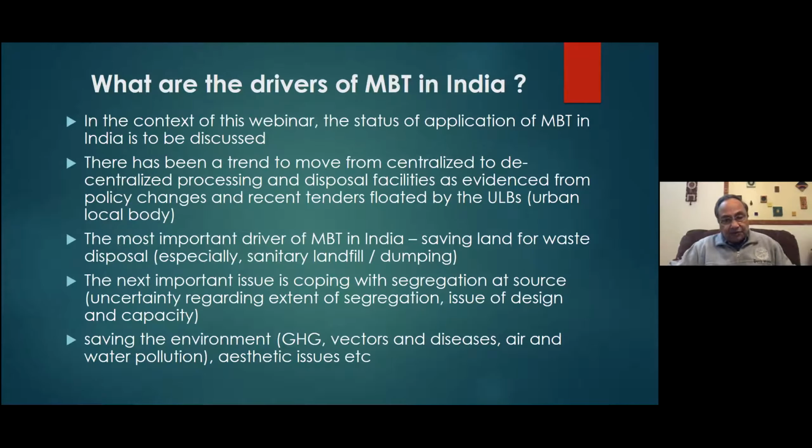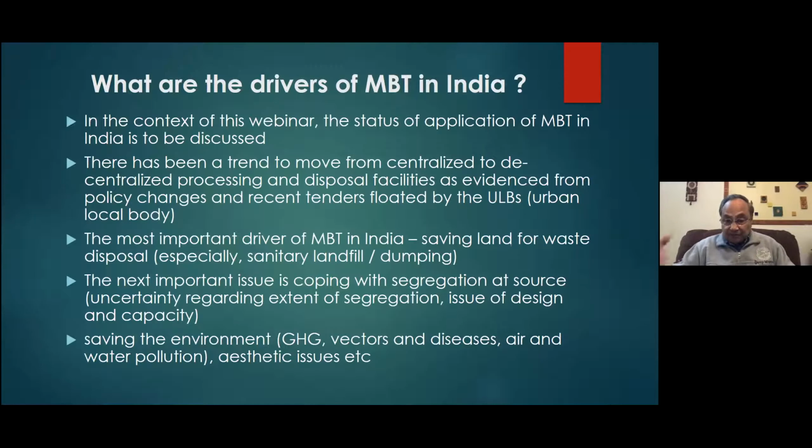The next important issue is coping with segregation at source. Every municipality, more or less, has been trying to introduce segregation at source, but with different ranges of success. Now, suppose I am designing a system as a professional. I have to take the figures. Suppose source segregation is 30%, or 50%, or 80%.